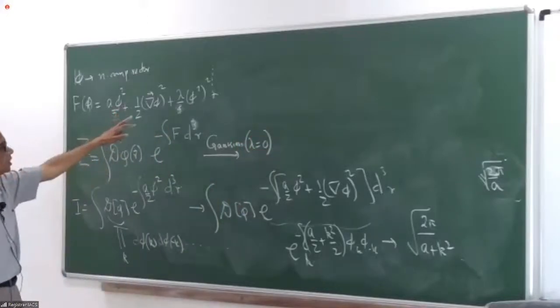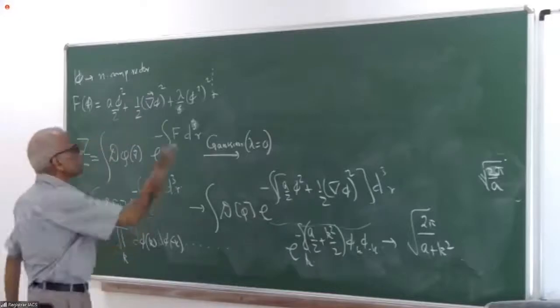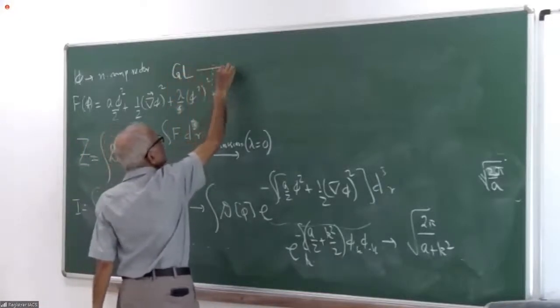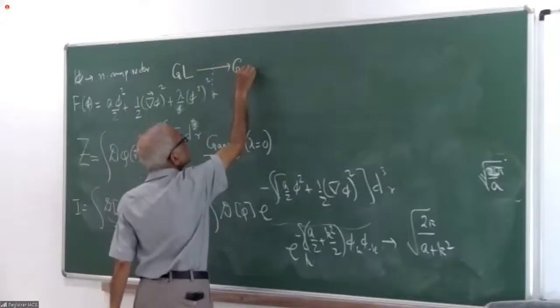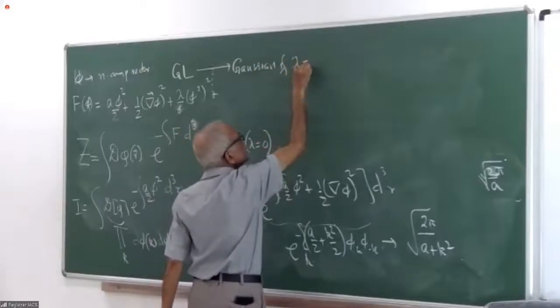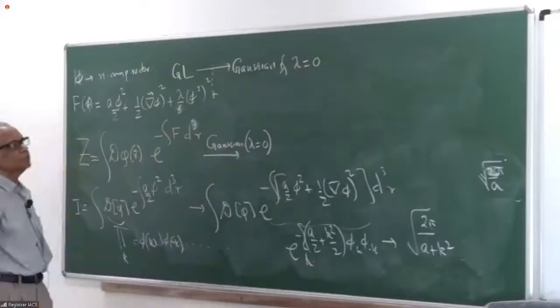So this Ginzburg-Landau model, this is GL, goes to Gaussian if lambda is equal to 0.